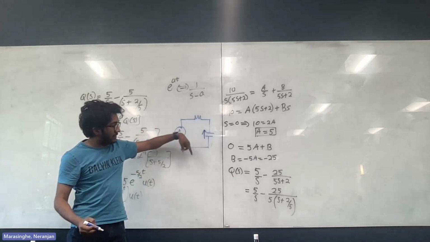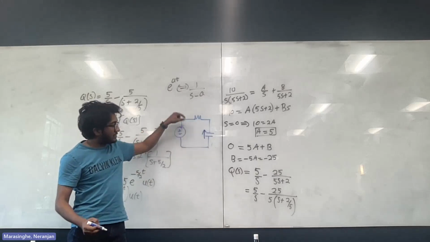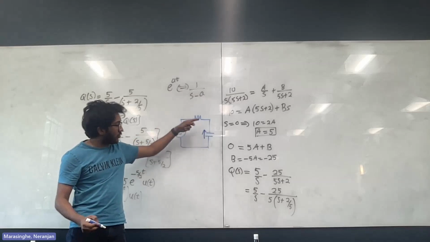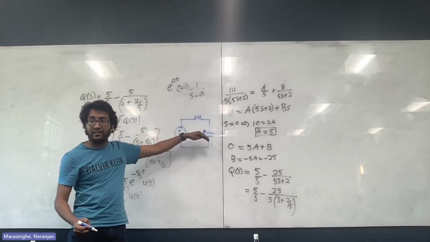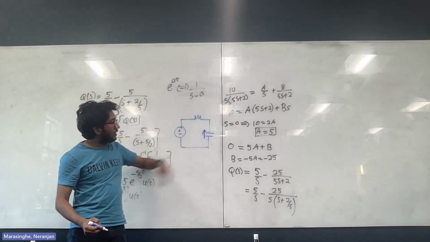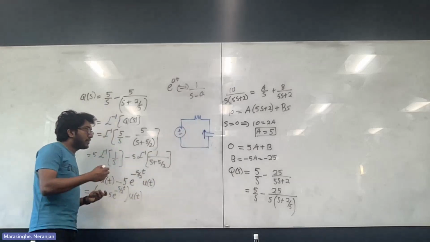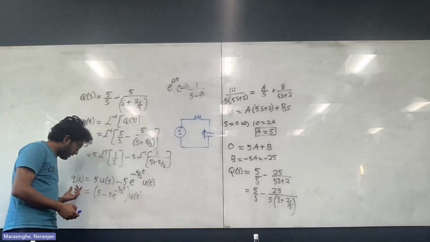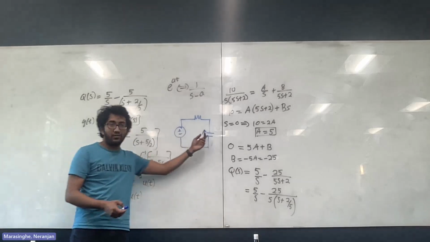When the capacitor is getting charged, the current decreases, and when it is charging more, the current further decreases. Then there's one stage where the current becomes 0. At that stage, the charge on this capacitor is equal to 5 coulombs.